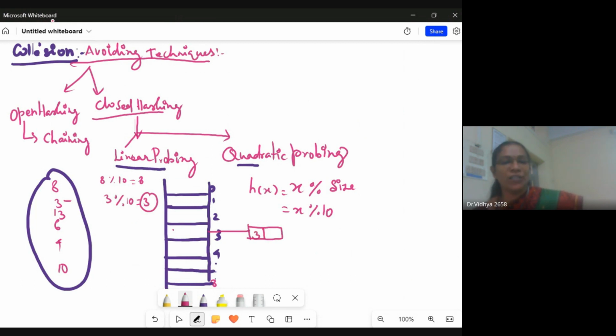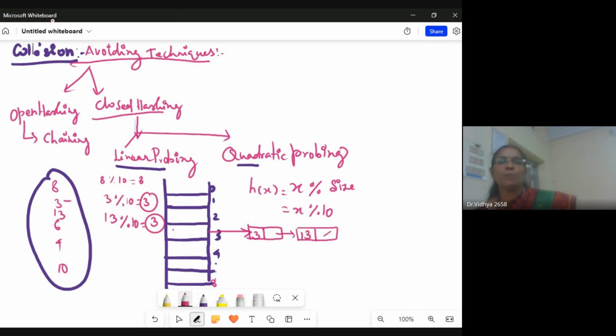At index 3 we are creating a chain that will accommodate the value 3. The next one, 13 modulo division 10, also returns position 3, remainder 3. This value causes a collision here, so we are creating another block as a chain of the previous one, and here we are placing 13.